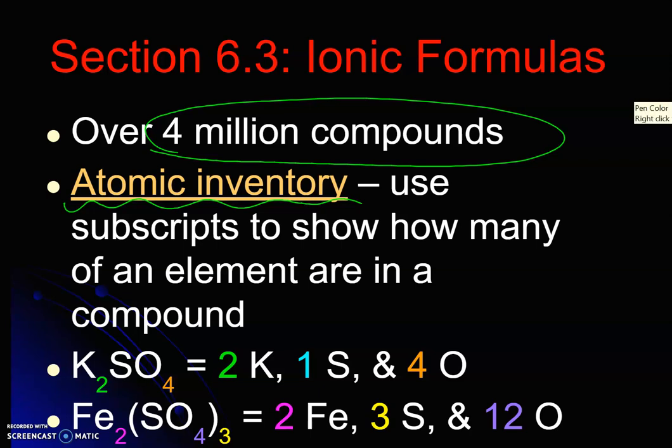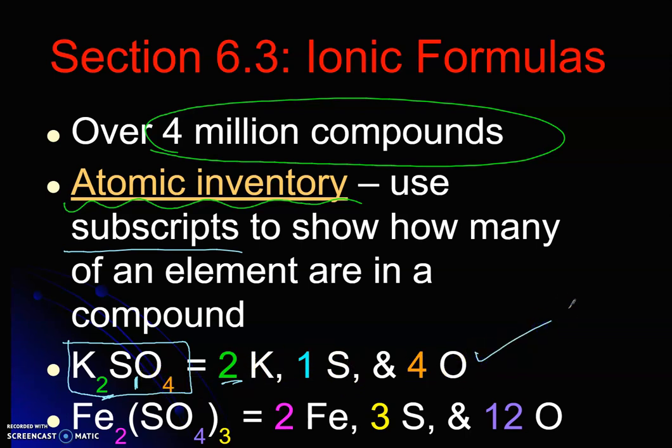An atomic inventory is just going to show, using those subscripts, how many of our elements are in our compound. Like if we have K2SO4, the subscript comes after the symbol. That means we have 2 Ks. There is an implied 1 for the S. Every capital letter is a new element. So we have 1 S, 1 sulfur, and we have 4 oxygens.